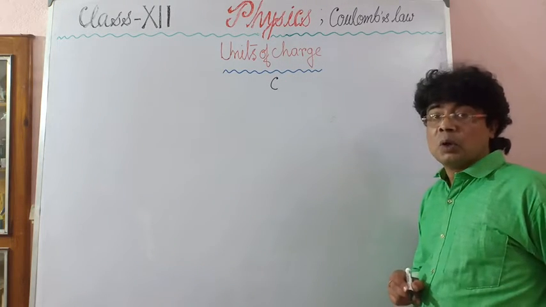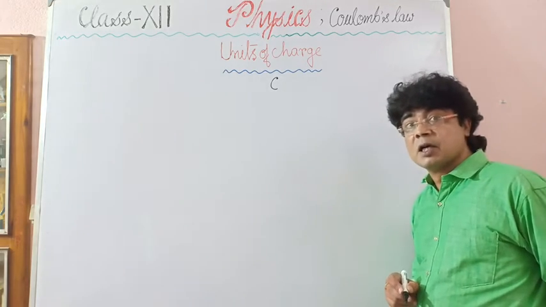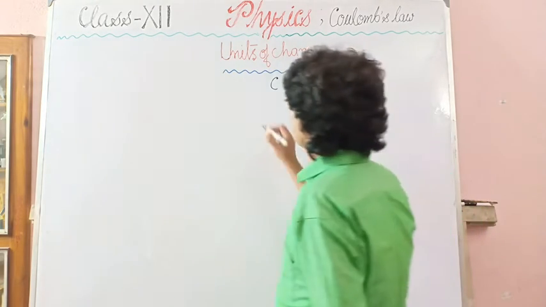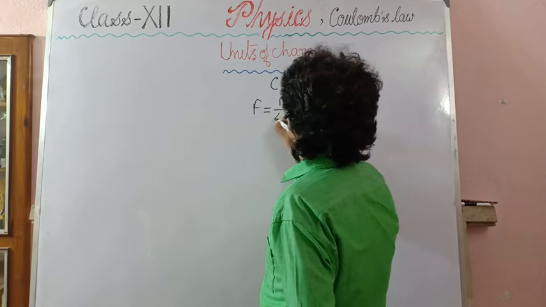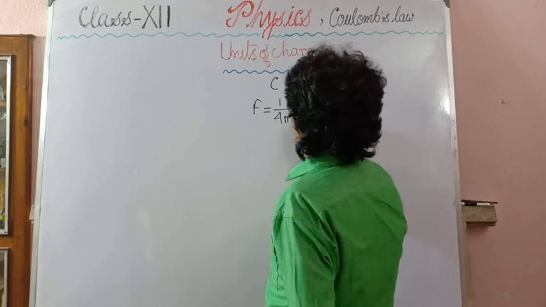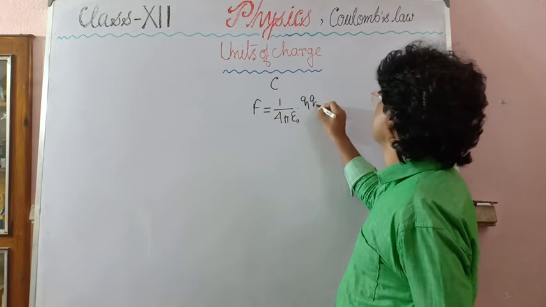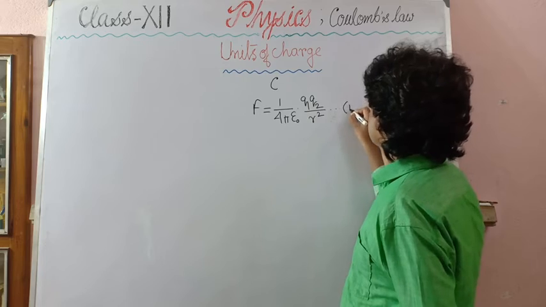Now, Coulomb's law in SI units for vacuum is expressed as F equals 1 by 4 pi epsilon 0 Q1 Q2 by R square.